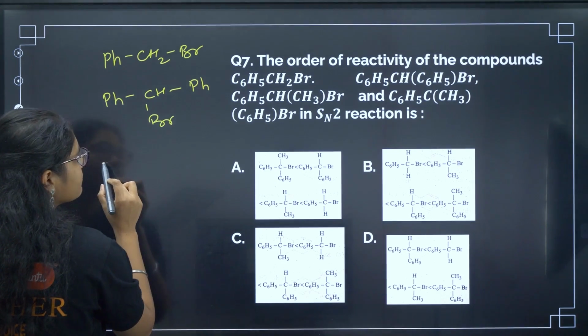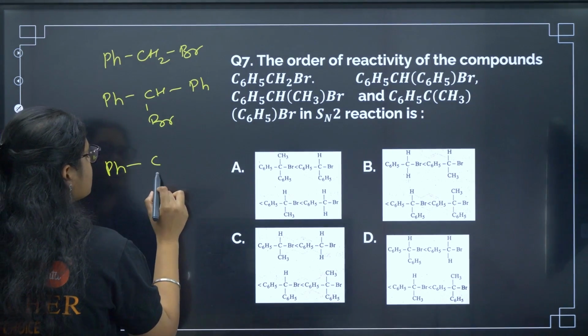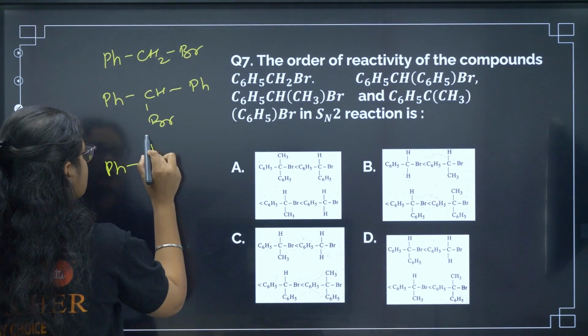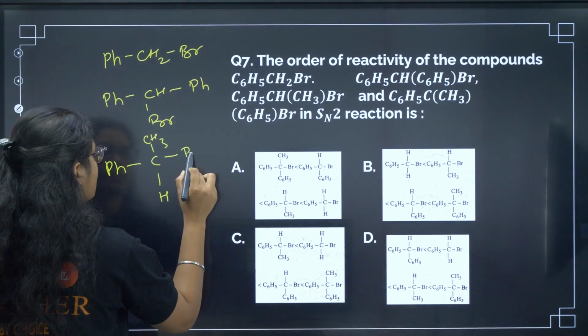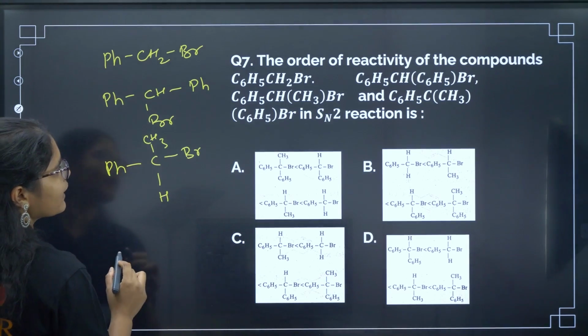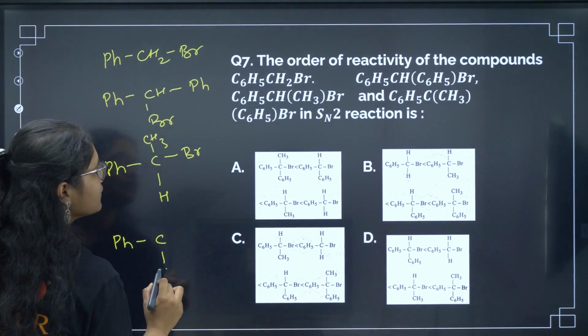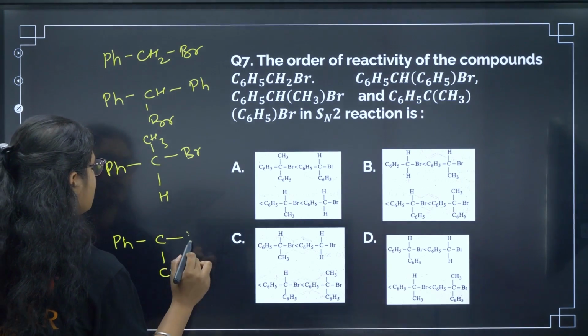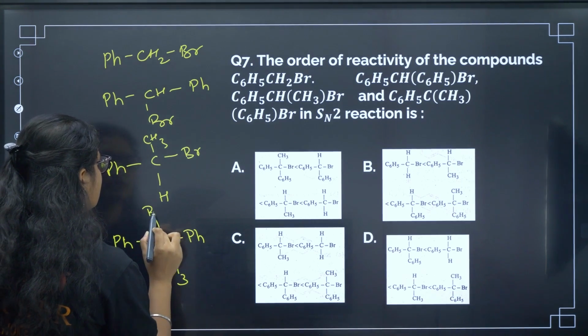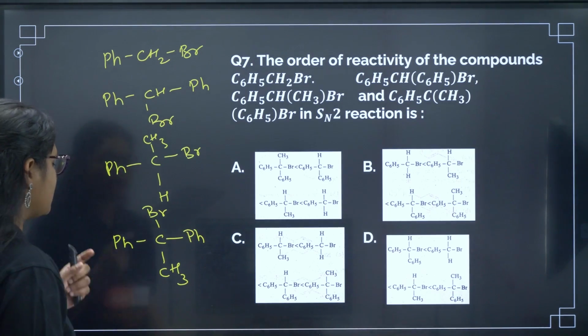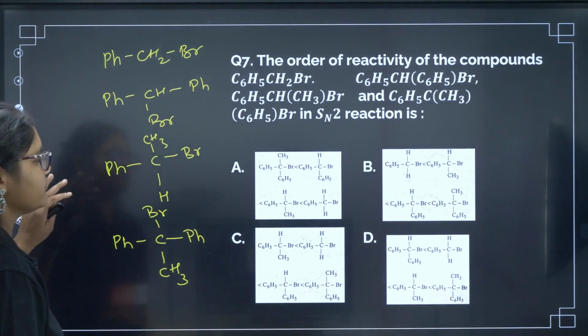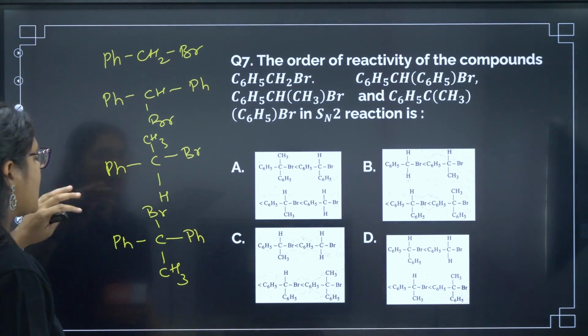Third compound we have Ph-CH(CH3)-Br, and fourth compound we have Ph-C(CH3)(Ph)-Br.